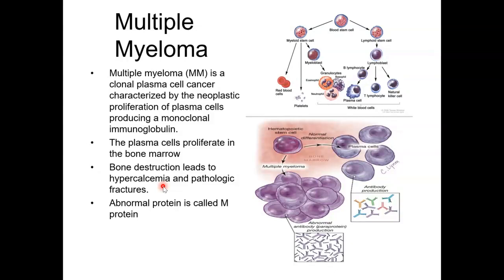Infection leads to, okay, if they're proliferating inside, there's not extra space in there. So that bone destruction leads to hypercalcemia. Remember, most of our calcium lives inside the bone. So as these proliferate, the calcium gets spewed out into the blood.